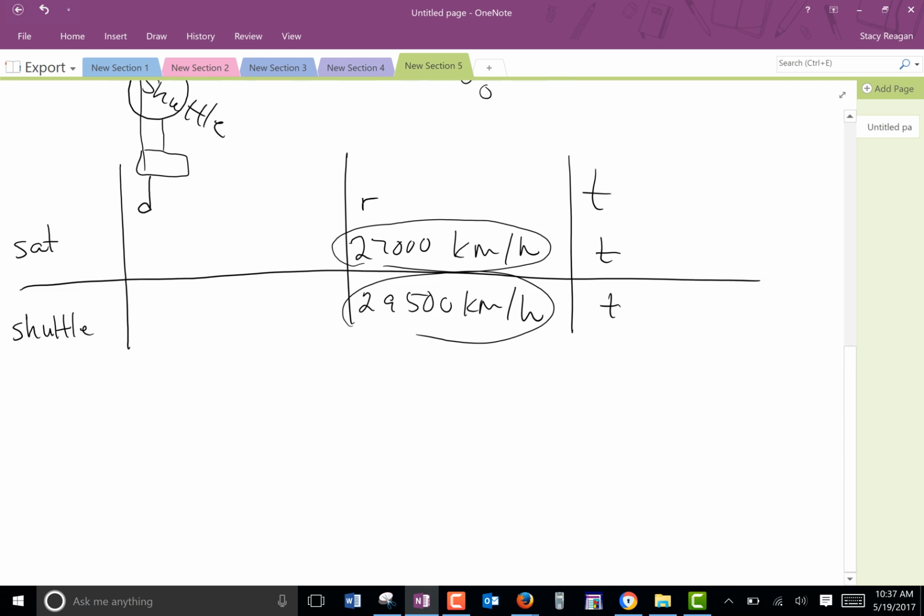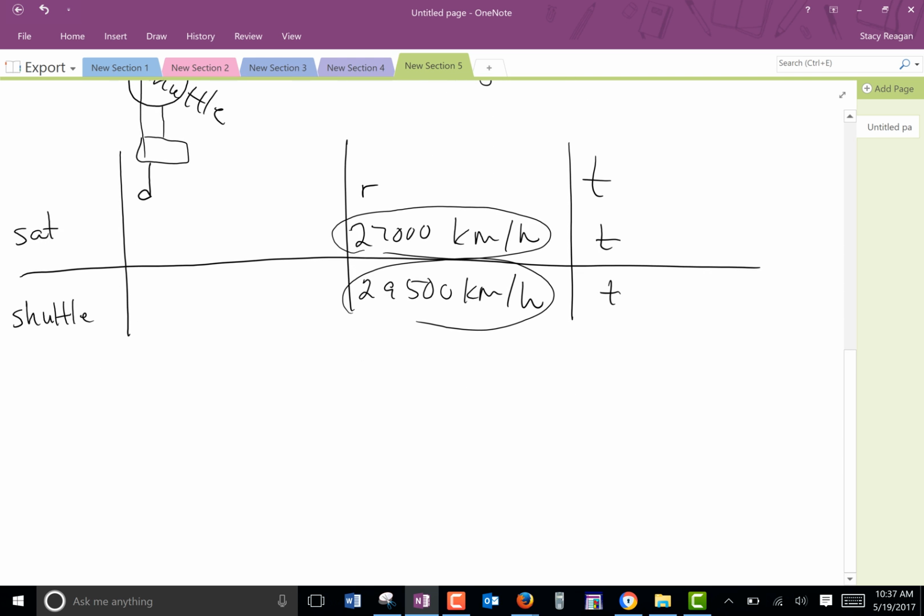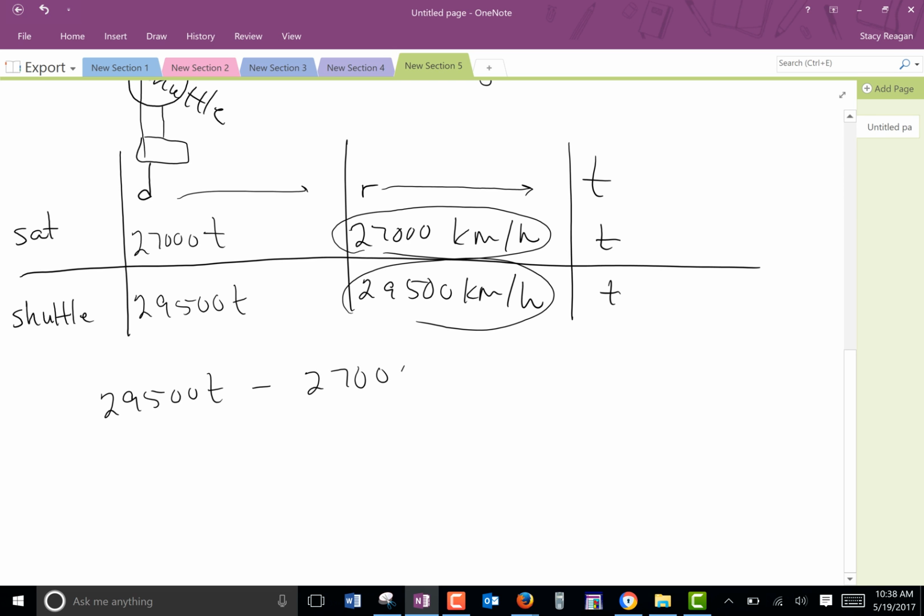So if distance is rate times time, for distance I would have 27,000t, because that's rate times time, and I would have 29,500t. And if I took those and subtracted them, and remember we always subtract the big number minus the smaller number, I would get a distance of 6,000. That's what I should get, right?